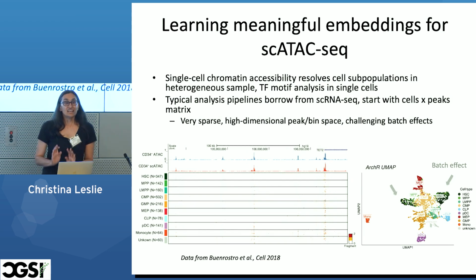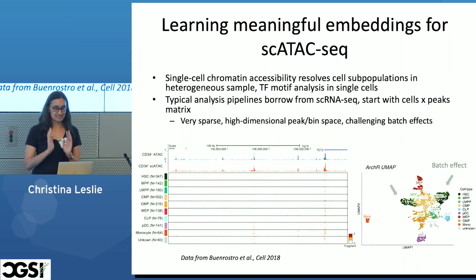All right, so single cell ATAC is a technology that's really come of age. If you have the money, you should always do single cell ATAC instead of bulk, I think, because you learn more.